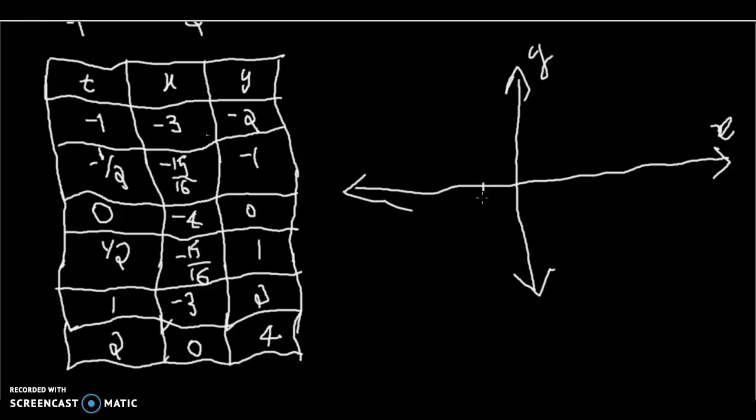Suppose this is the point minus 1, this is minus 2, this is minus 3, and this is minus 4.